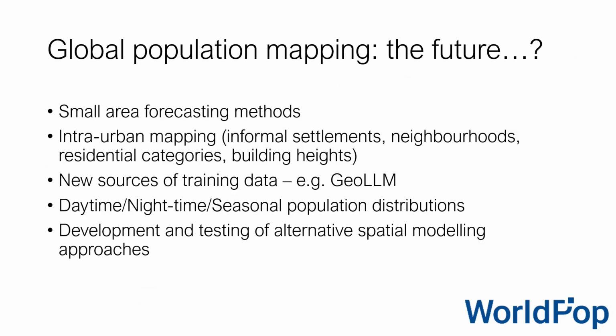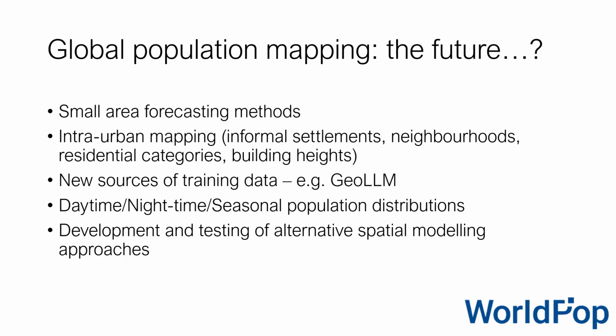As part of this presentation, I also want to get you thinking about new directions and the skills that you have, and if there are any areas you see of interest for collaboration, then it'd be fantastic to reach out. There are things that we are thinking about, and some we've already started looking at: small area forecasting methods, how we can improve mapping within urban areas, and new sources of training data for these models that may come from things like geolocated large language models, and daytime and nighttime population distributions.